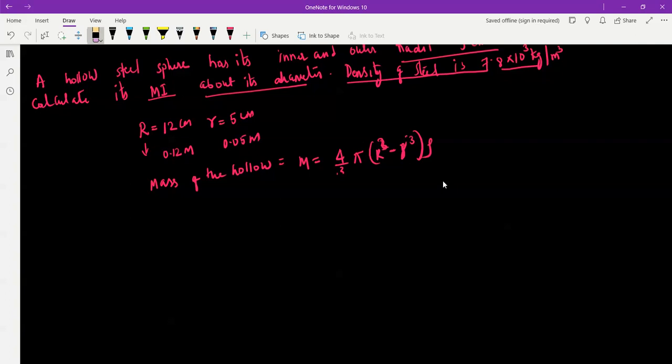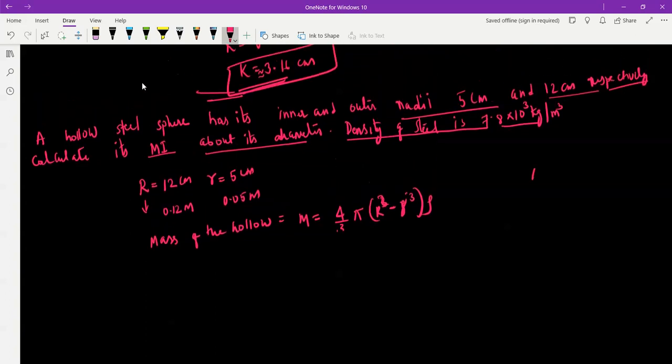Moment of inertia of a hollow sphere, it is I equal to 2 by 5 mr square.